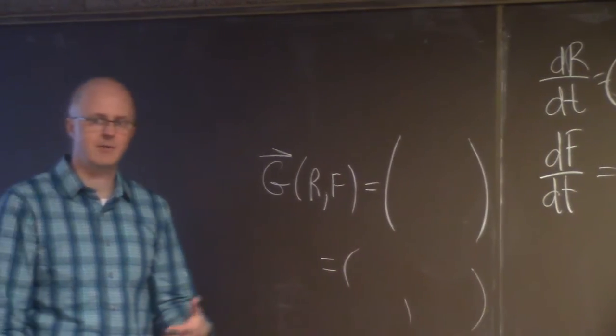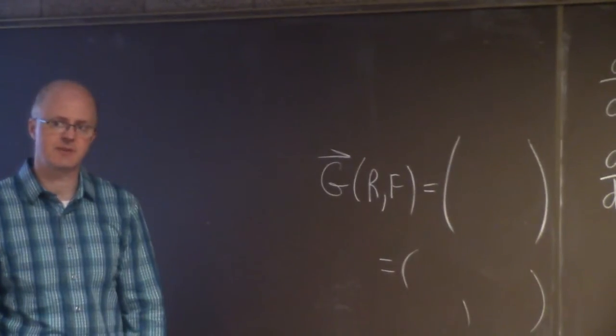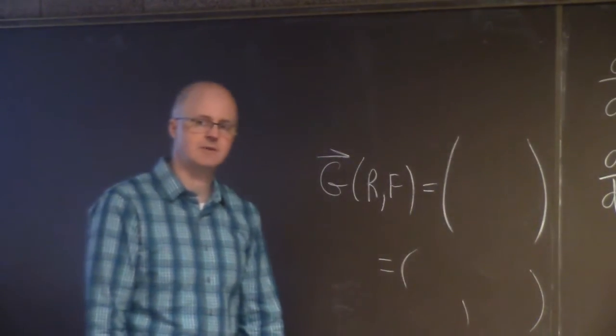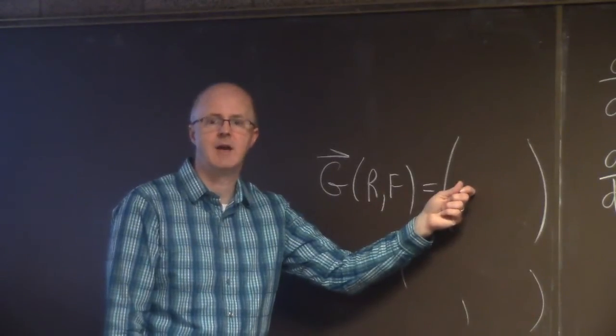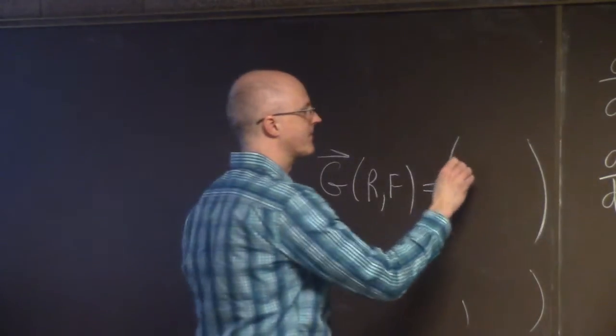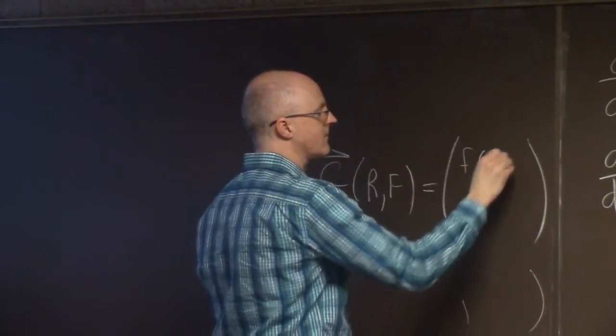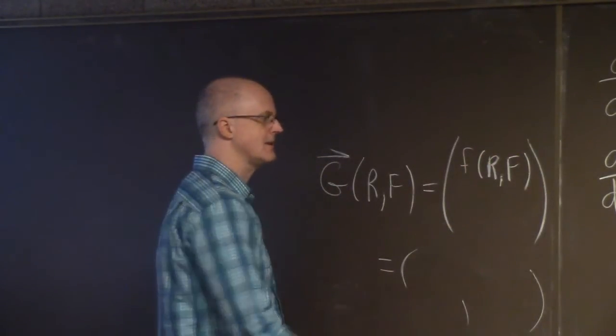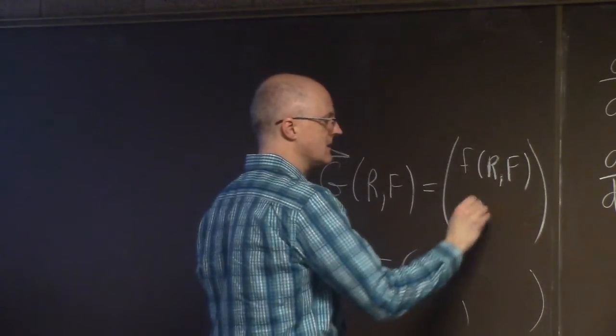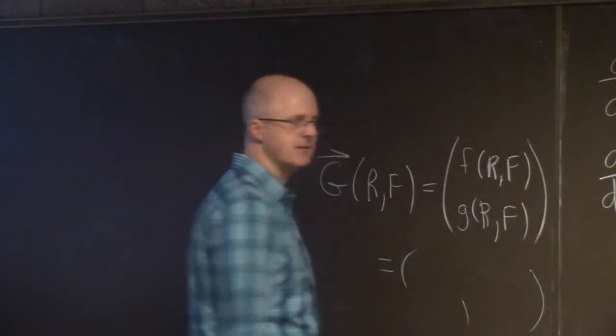I could also write it with the i hat and j hat notation from physics, though we don't typically do that in this class. Actually, this column vector notation will be the most typical way I will write it in class. The little f is the first entry, the first component. Little g is the second entry, or second component.